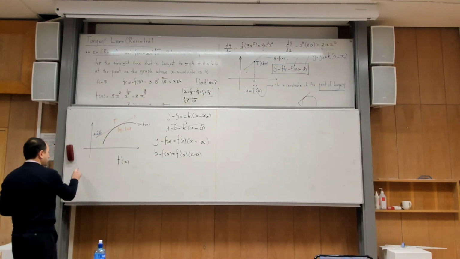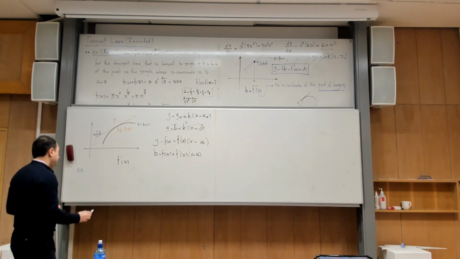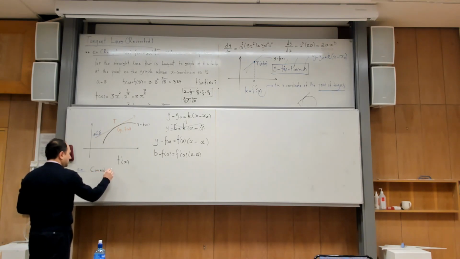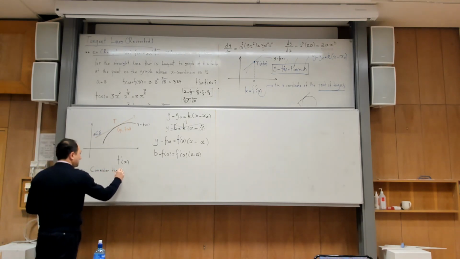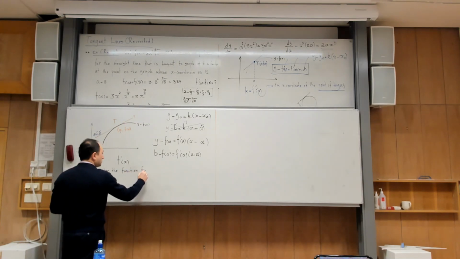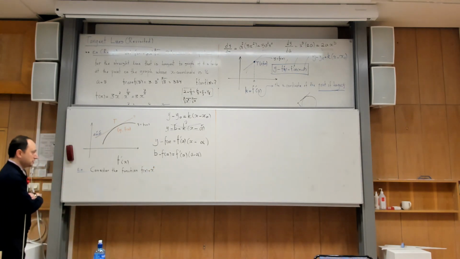So let us just do this example. Consider the function. Let me make it very simple first. The function f of x equals the parabola x squared, the simplest possible non-trivial function, of course.